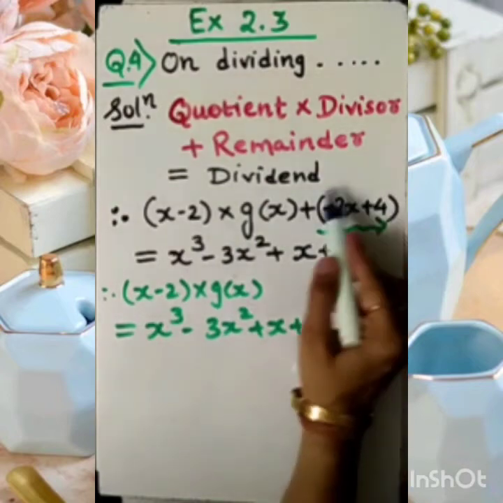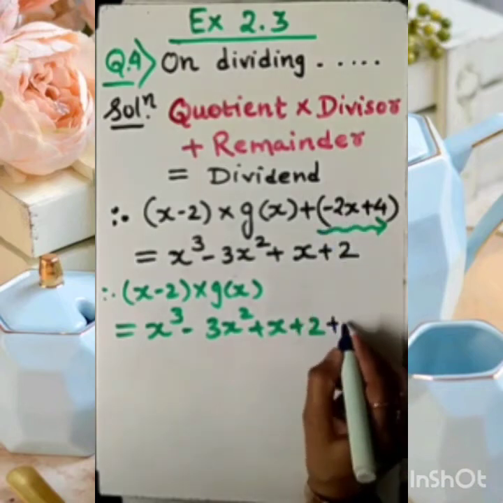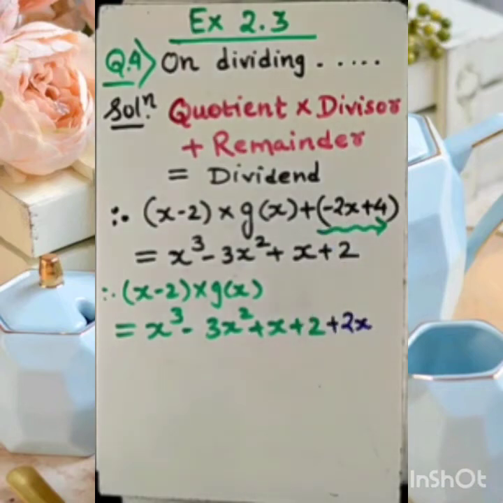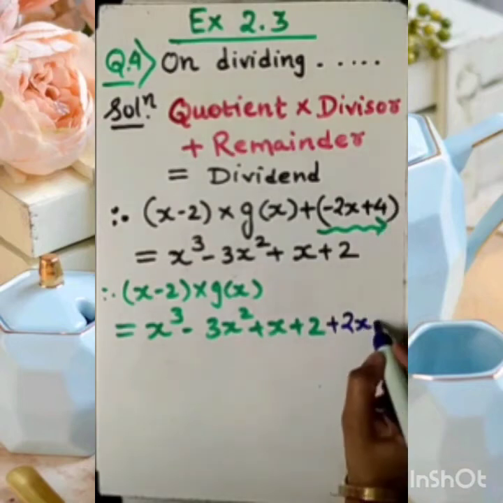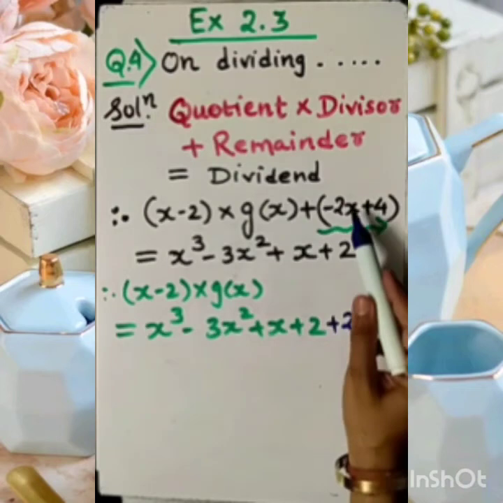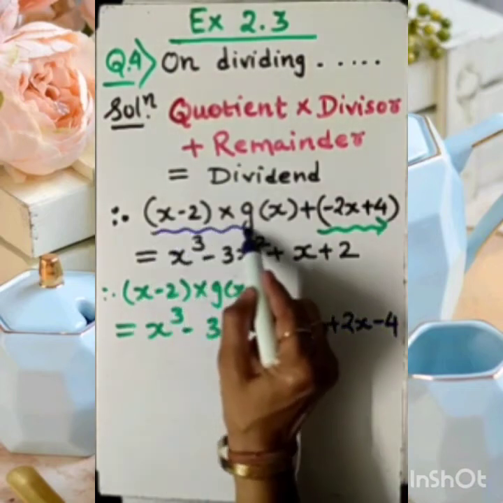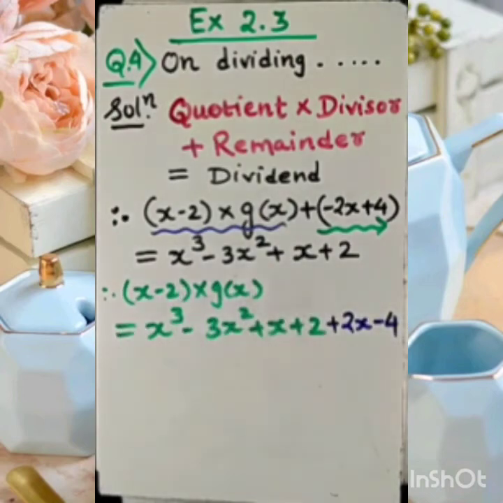I am bringing these two terms to the right side. This is already minus 2x, so it will become plus 2x. This plus 4 will become minus 4. Rest of these two terms remain as they are on this side, LHS.